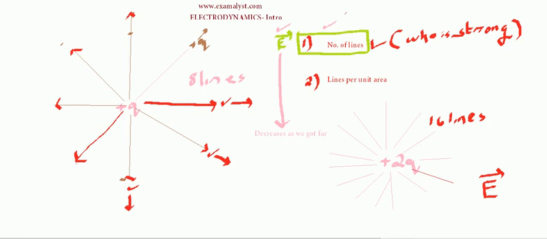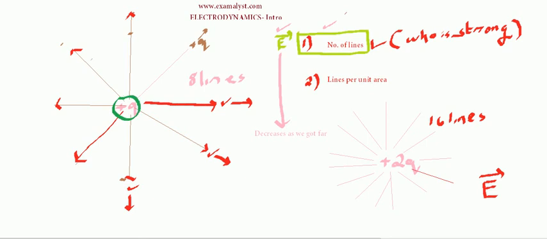So can I say that the number of lines is going to represent electric field? The answer is no, because the total number of lines is the same whether you are near or far. For example, consider plus q charge, a point charge.